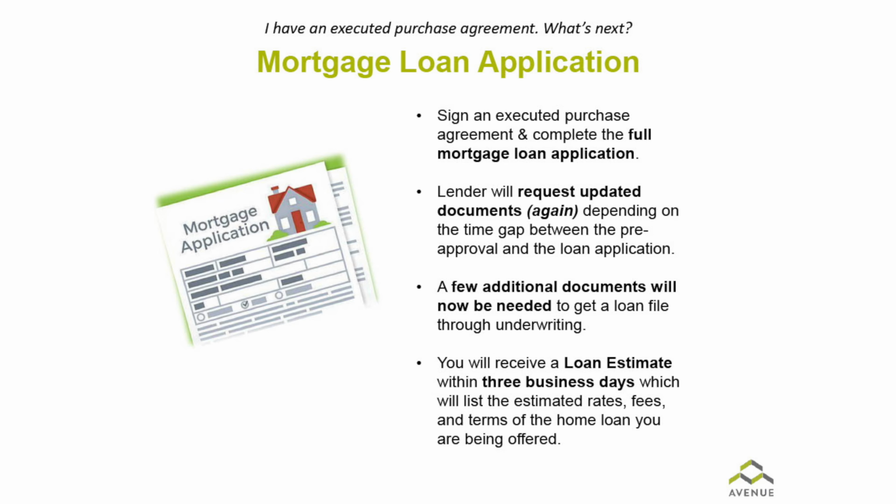The mortgage loan application. Okay, so once you have shopped, and actually, this is my dream home, you have now found the house, so to speak. This is what I want. You found it, and at this point, you've executed a purchase agreement, meaning you've now signed a contract and put up some money and said, "I'm serious, and I want to buy this house."